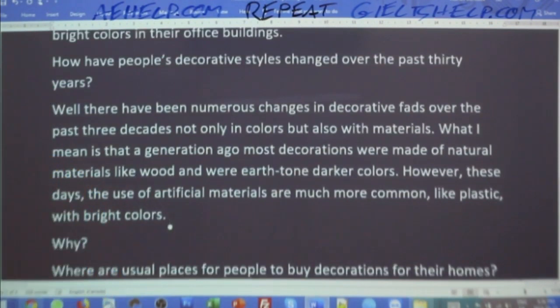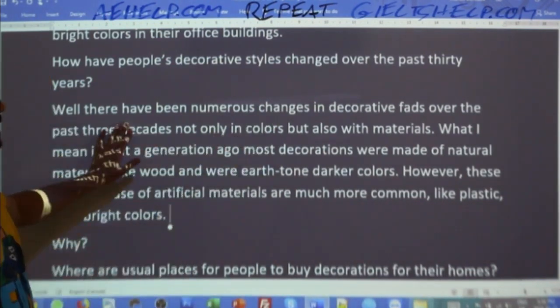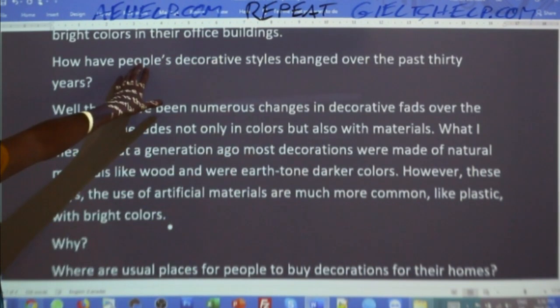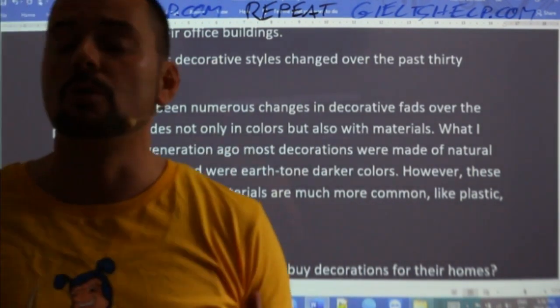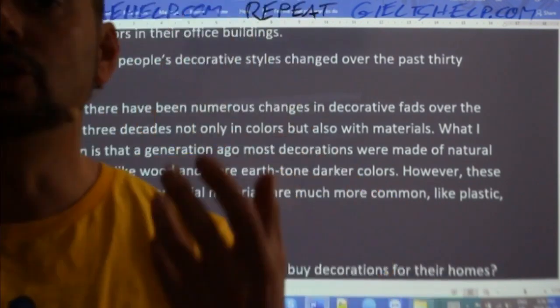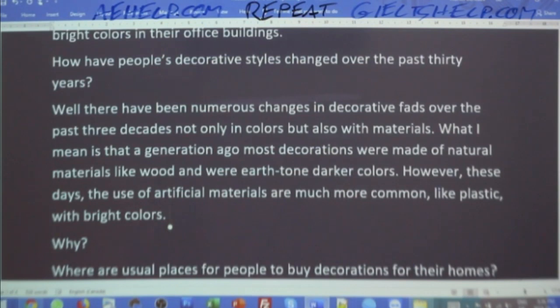So there's my answer. Just repeat after me. So, well, there have been numerous changes. Again, students, right away show the grammar. Remember, in the beginning, we said one of the really important points to remember for part 3 is use the question, paraphrase the question, okay?